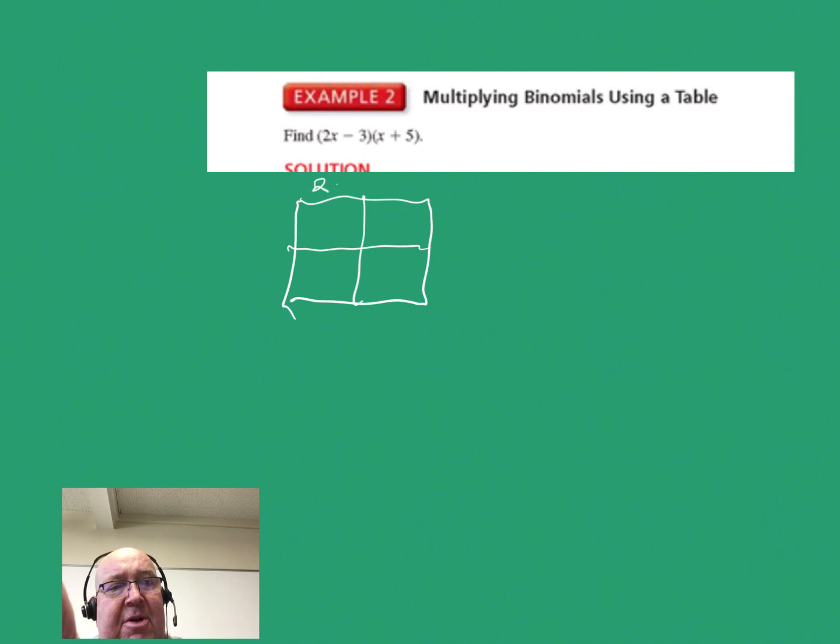We're going to put 2x and minus 3, it doesn't matter which order they go, x and plus 5. Then we just line up 2x times x is 2x squared. X times negative 3 is minus 3x. 2x times 5 is 10x. And 5 times negative 3 is negative 15. Then we just combine like terms. Usually your x terms will be on diagonal. And we get 2x squared plus 7x minus 15.